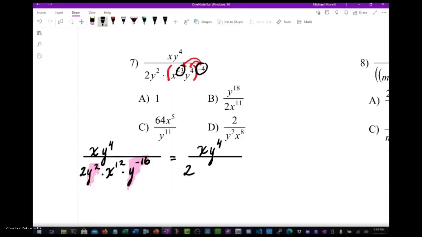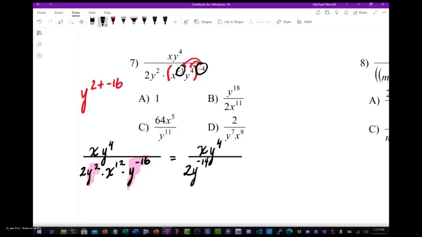So what's happening is we're going to have y raised to the power of 2 plus negative 16, which gives me 2 to the negative 14th power. Okay? So I'm going to write 2 y to the negative 14. It's hard to see the way I wrote it. 2y to the negative 14th power. And then we've got x to the 12th.